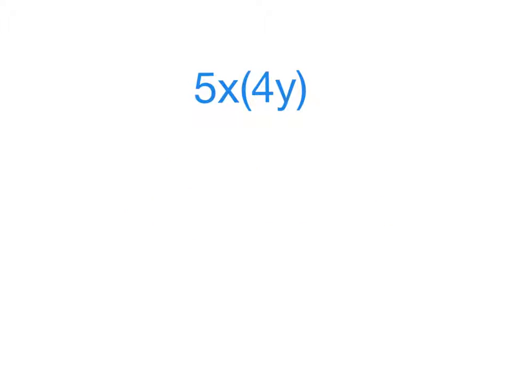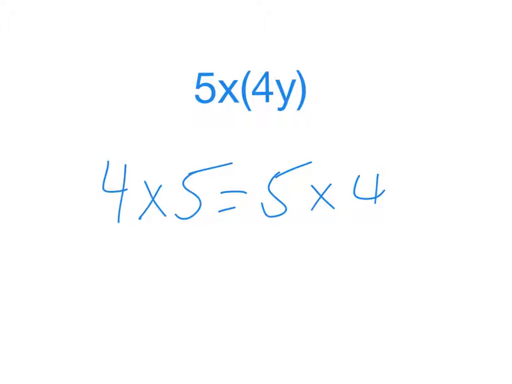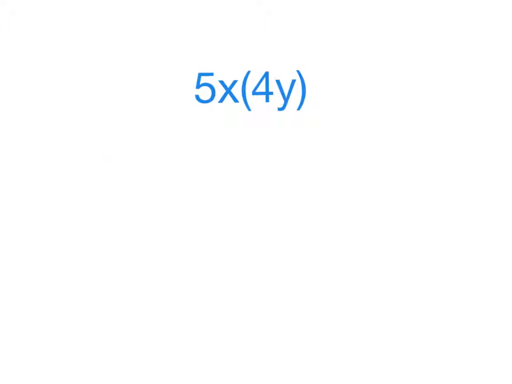There's a property of multiplication. You know the commutative property, where 4 times 5 is the same thing as 5 times 4. We've mentioned that. So I'm just going to rewrite this, and I'm going to use a dot for the times sign.